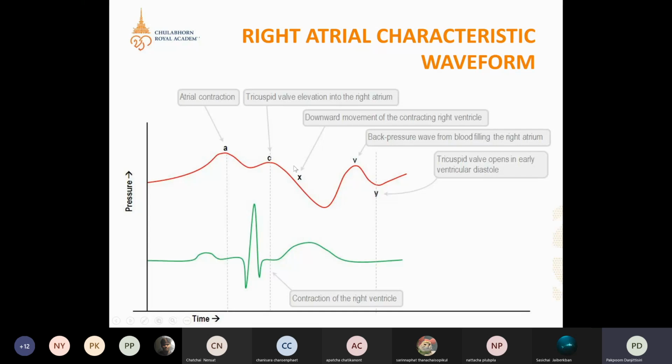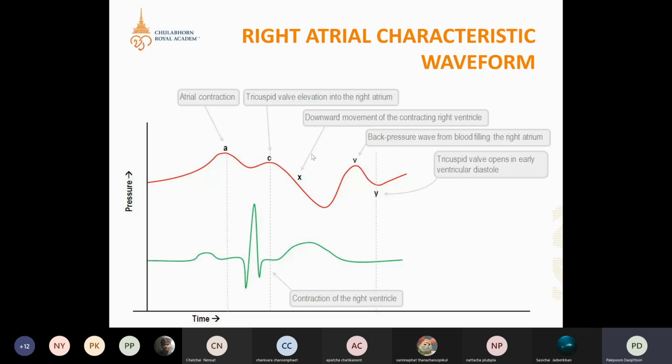The pressure inside the ventricle pushes back the blood and slams the tricuspid or mitral valve, and the pressure in the atrium increases a bit, an elevation into the right atrium, because the LV pressure is increasing.